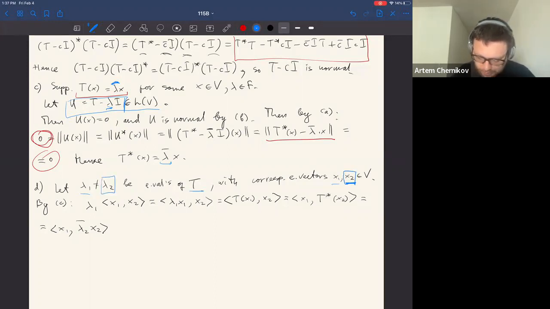So according to C, it then means that x2 is an eigenvector for T star with an eigenvalue lambda 2 bar, the complex conjugate. So we just plug it in. So this is the part that uses C. But if we have this, now what is this? We can take lambda 2 out, and we have to take the complex conjugate again. So we get lambda 2 complex conjugate, inner product x1, x2, which is simply lambda 2 inner product x1, x2.